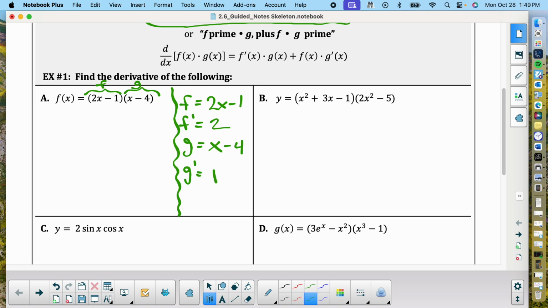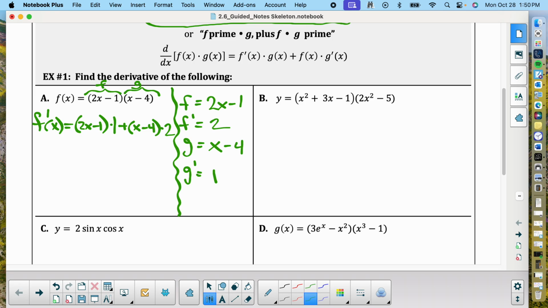I heard you kind of figuring it out in your head. Okay, now I'm gonna take those 4 things and write the answer. So my derivative, f prime of x, is going to be f, 2x minus 1, times g prime, which is 1, plus g, x minus 4, times f prime, which is 2.